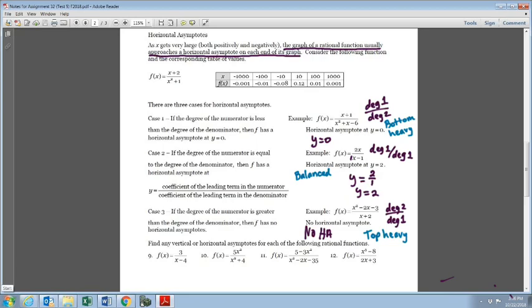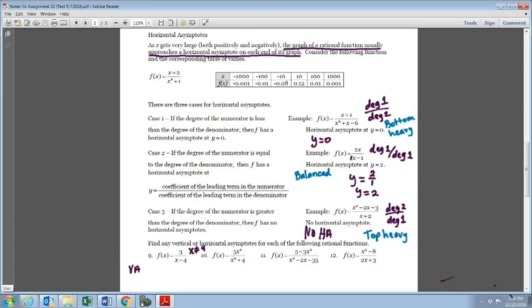All right, so let's go ahead and look at problems 9 through 12 where you're finding vertical and horizontal asymptotes. So on number 9, the degree of the numerator is 0, a constant has a degree of 0, and the degree of the denominator is 1. And so this one is what we call bottom heavy.